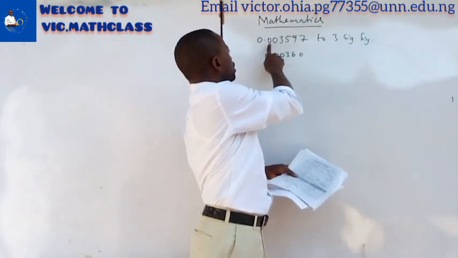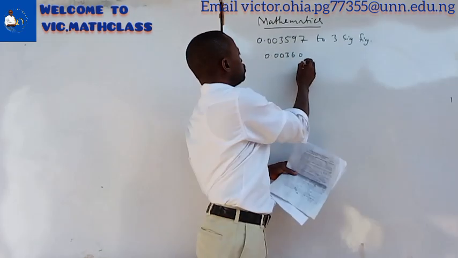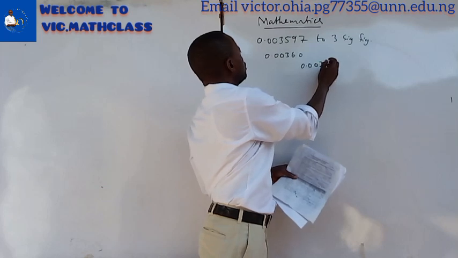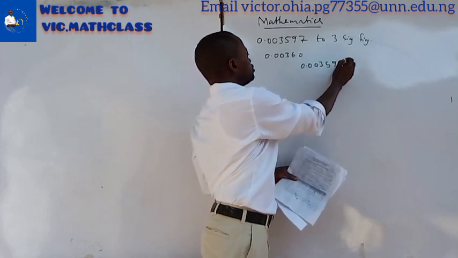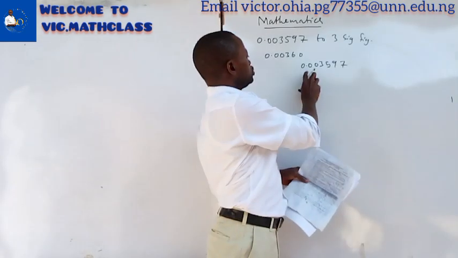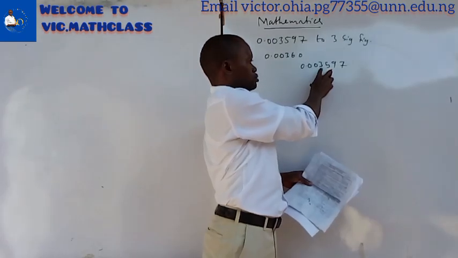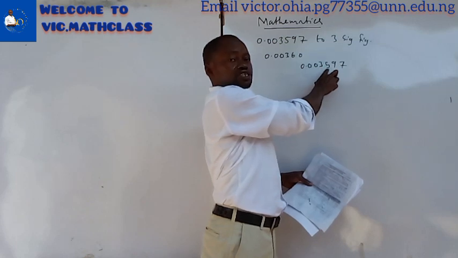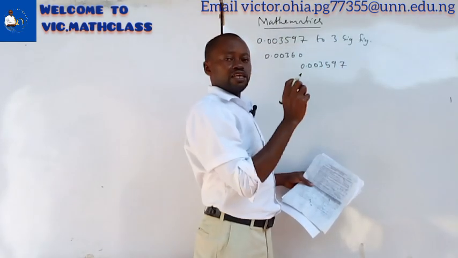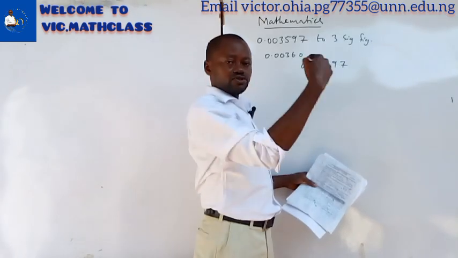You start from here and count 1, 2. So if I have 0.003597 and I want to put it to three places of decimal, this will be 1, 2, 3. The next digit here is 5, and for the next digit being 5 and above, you call it 1 and add it to the subsequent.